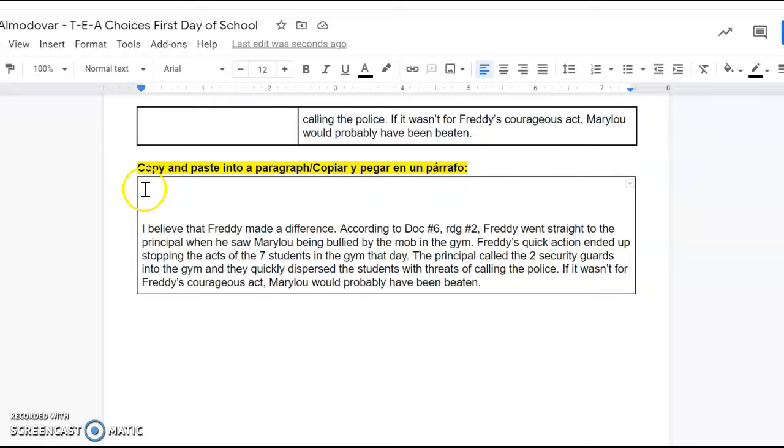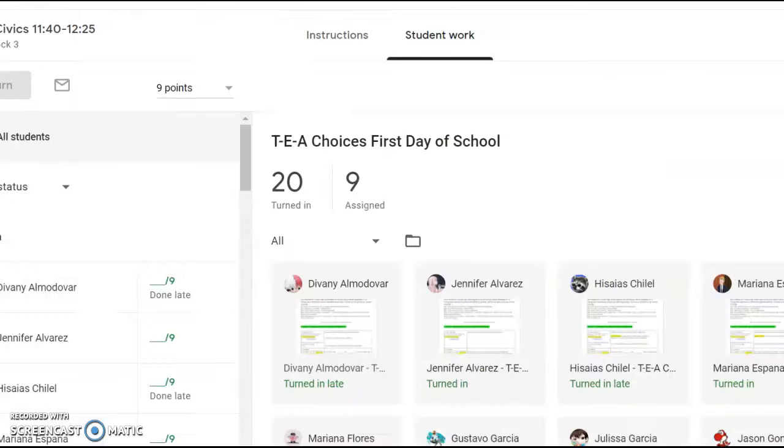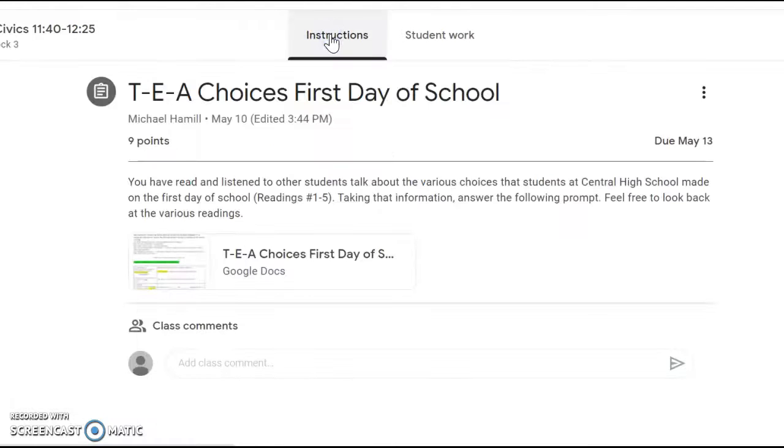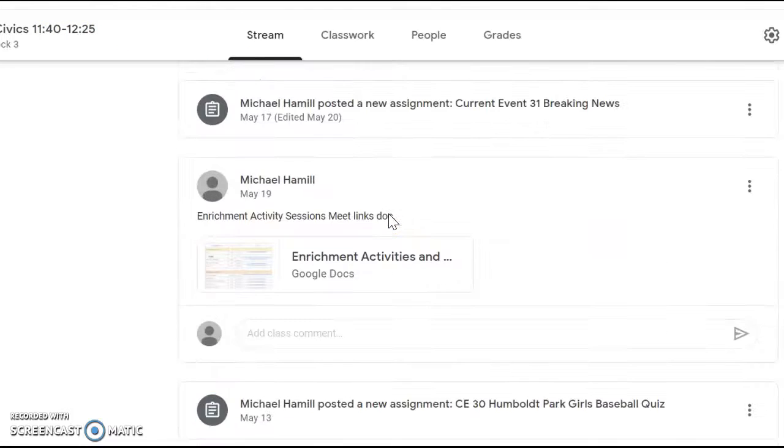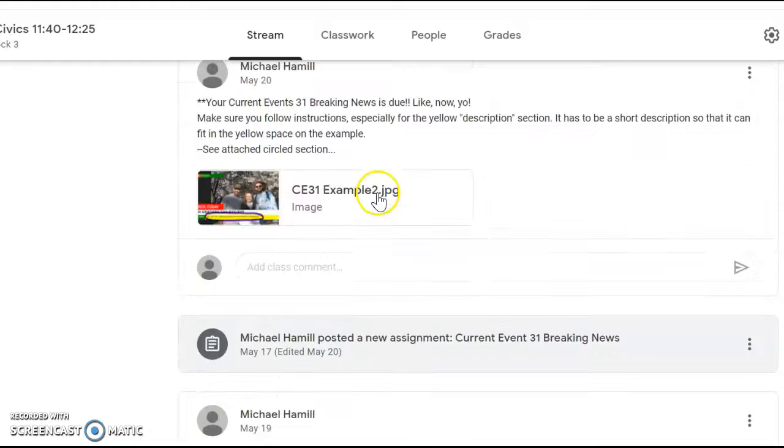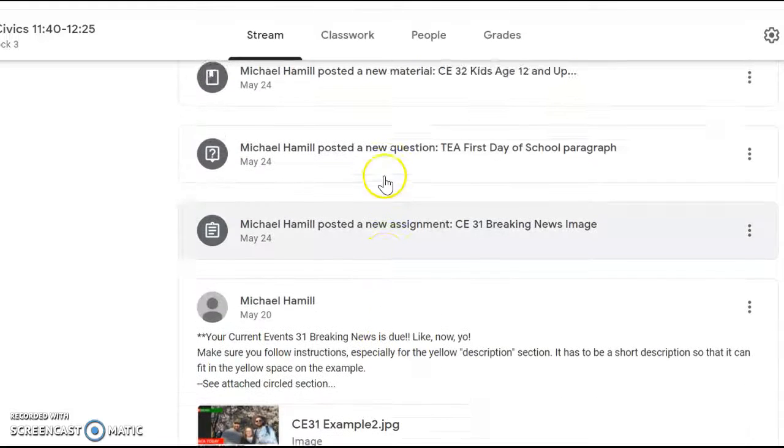You're just copy pasting. So you copy paste your answer in paragraph form, go back to classroom, go to your classroom question, which is the T first day of school paragraph.